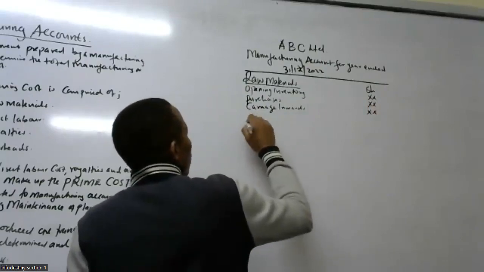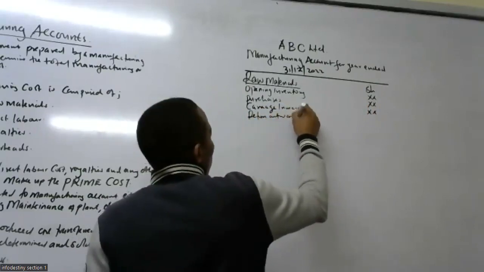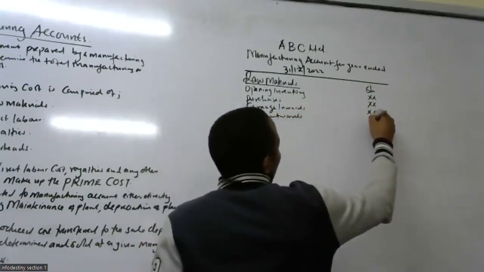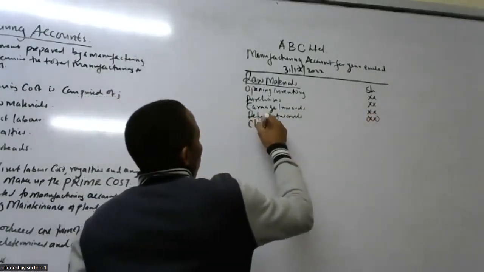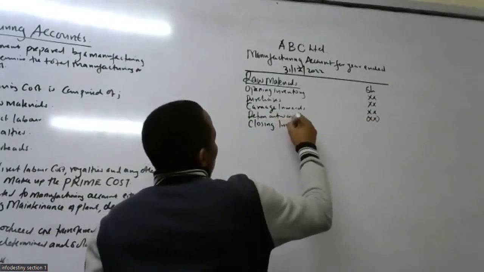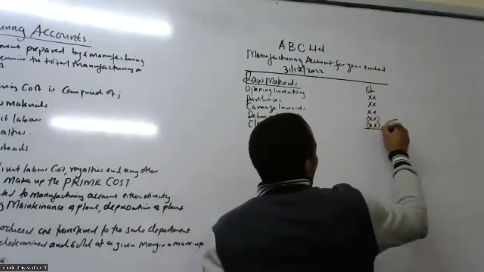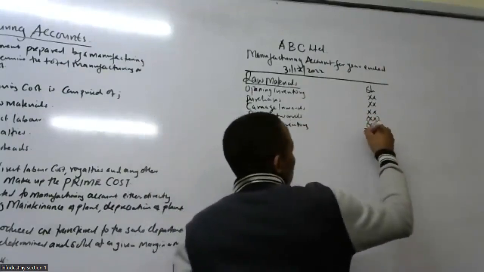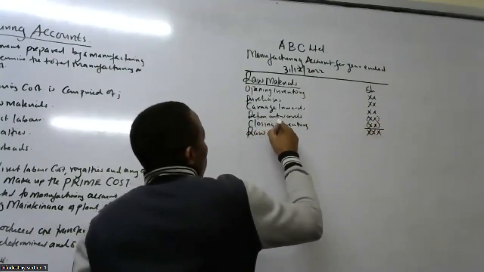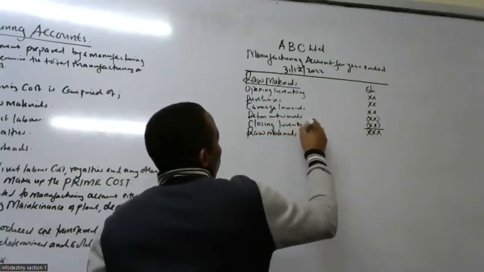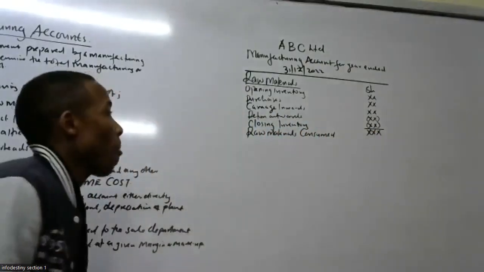If there are any materials returned, that's returns outwards, that one you deduct. Then you also deduct the closing inventory. What you get here is the raw materials consumed.